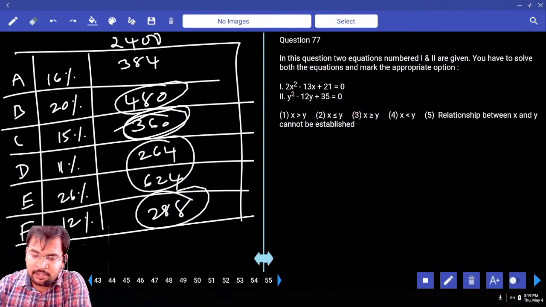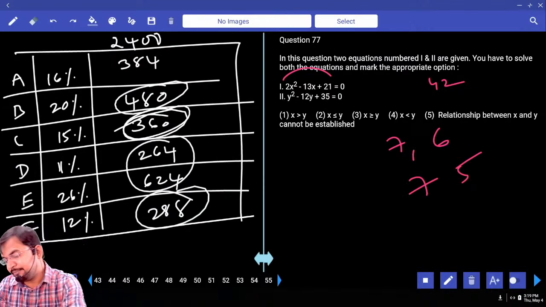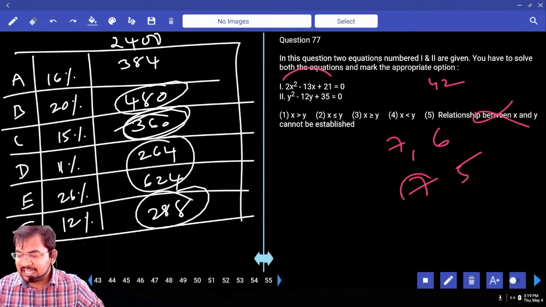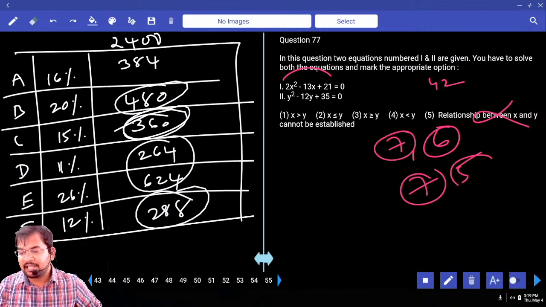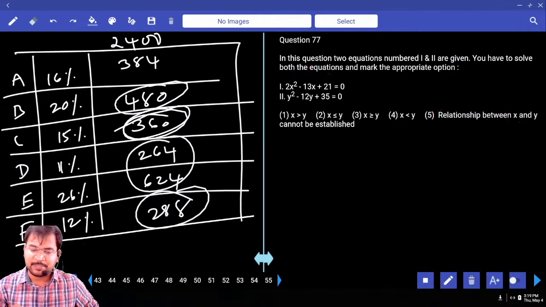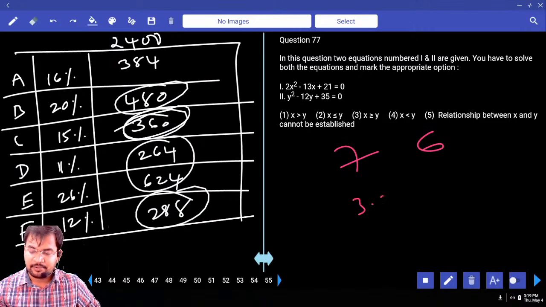Next. 2 times 42, 706, 705. See here, 7 is greater than 6, but 7 is greater than 5. Answer cannot be... Wait. Something went wrong here. There is a 2 in the first one, and we forgot it. Yes, 7 and 6, 7 gives 3.5, 3.